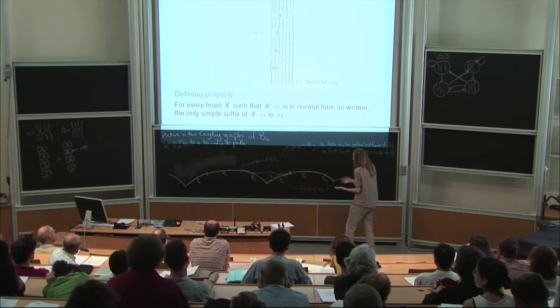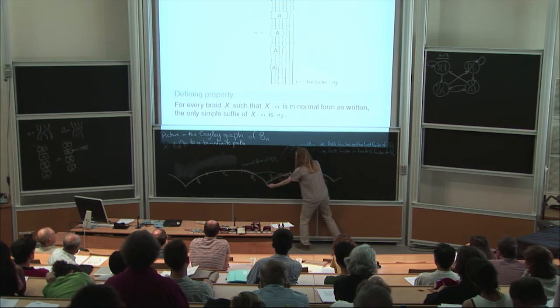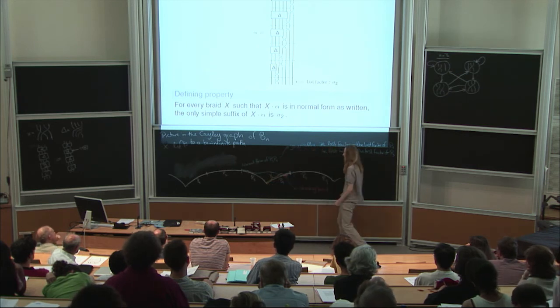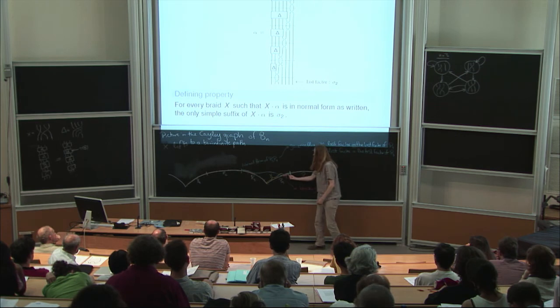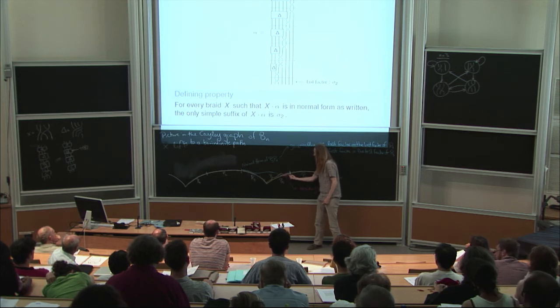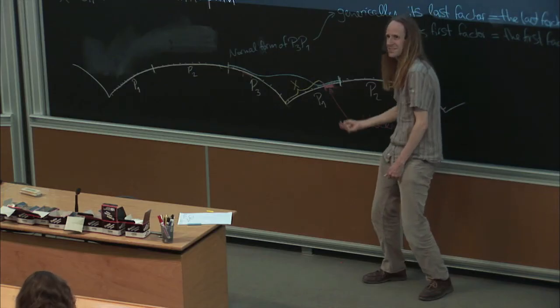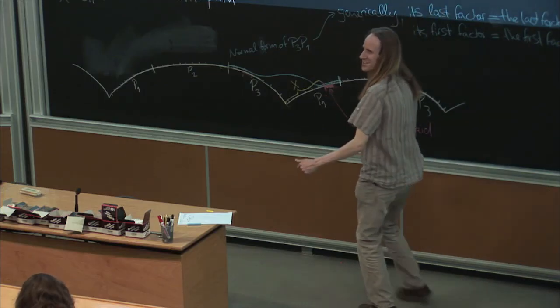The other possibility is that P3 does not eat all of that braid, in which case, starting from that point here, the simplification will leave all that remainder here intact. I hope I kind of got the idea across.